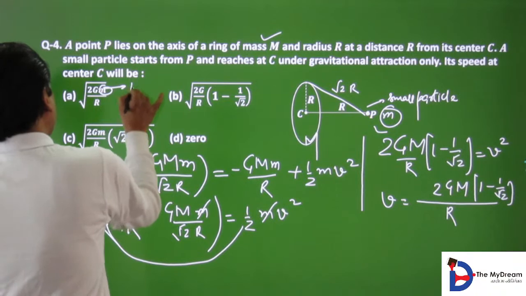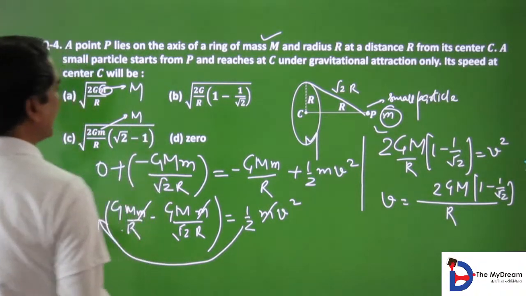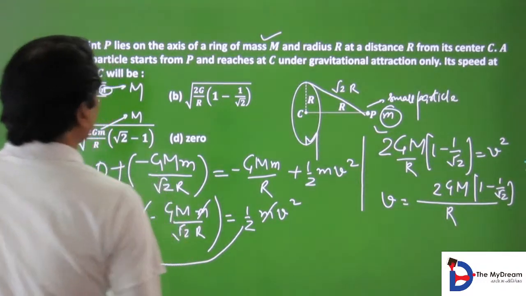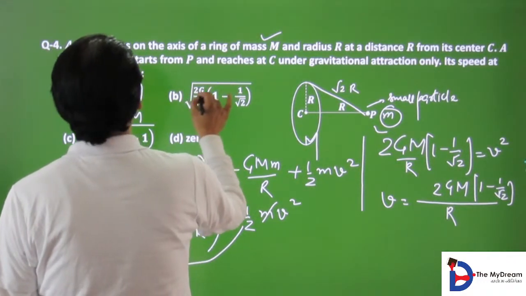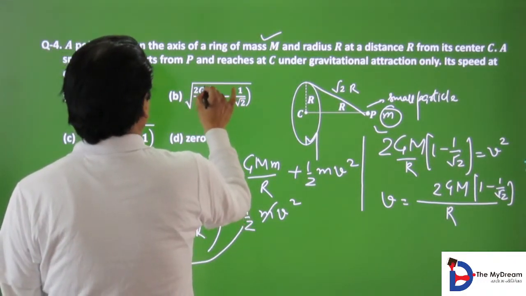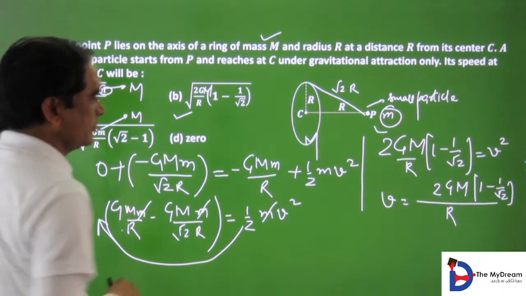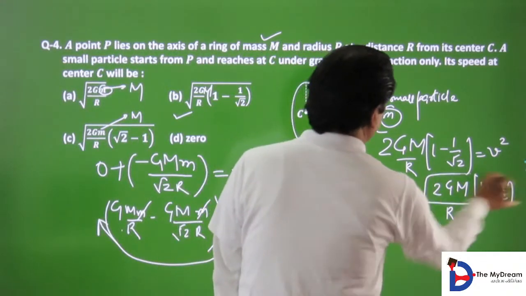In place of this you can write down capital M. So which one is correct? This is capital M. So this one is correct. Take the square root.